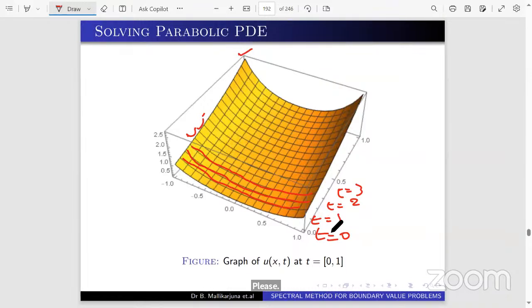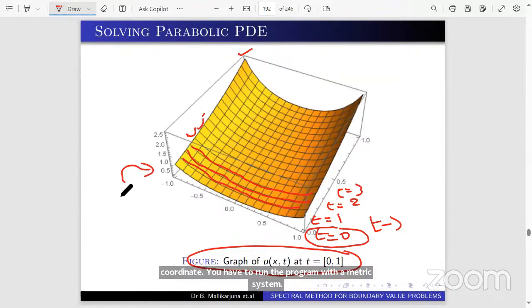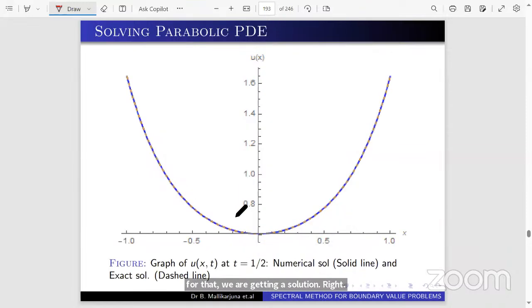So at different time coordinates, you have to run the program with a matrix system, then execute the solution and fit in this matrix. So for that, we are getting the solution line. But it is difficult.